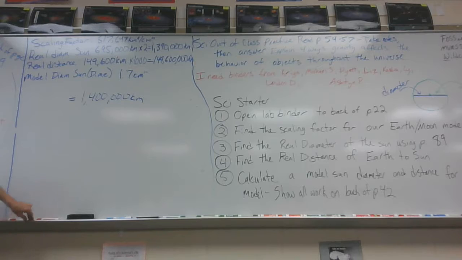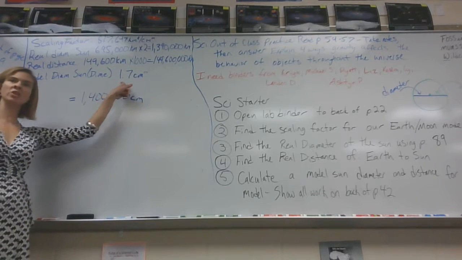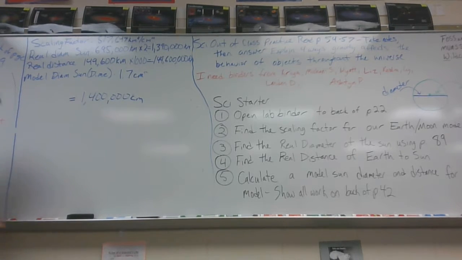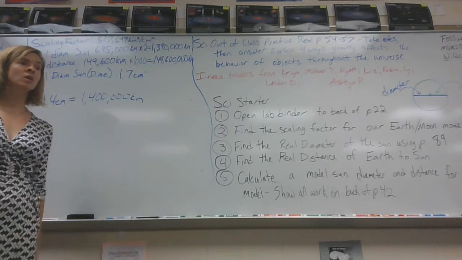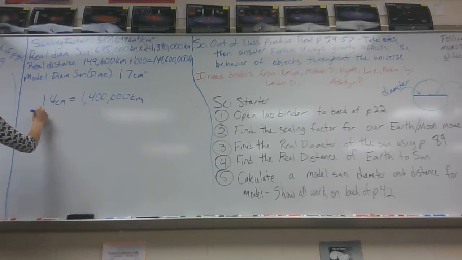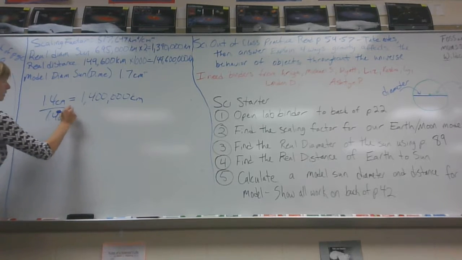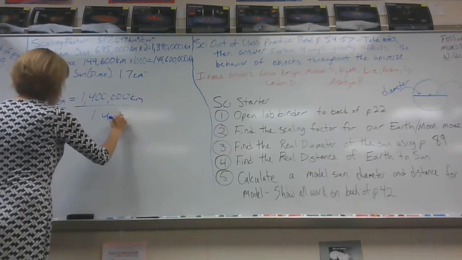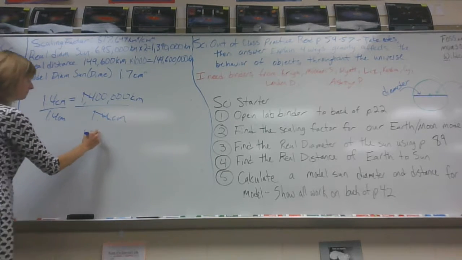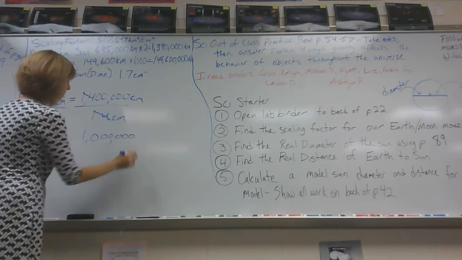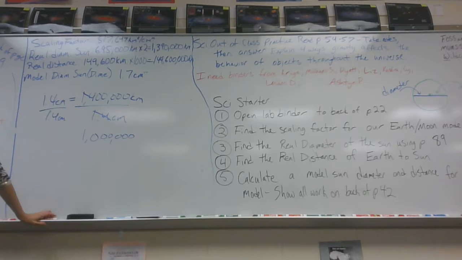And they made it equal to, get this, they measured their U.S. minted dime at 1.4 centimeters. Wow. Want to know why? Look what happens when you do the math. That cancels out and we get 1 million.